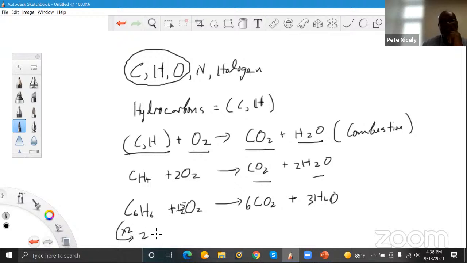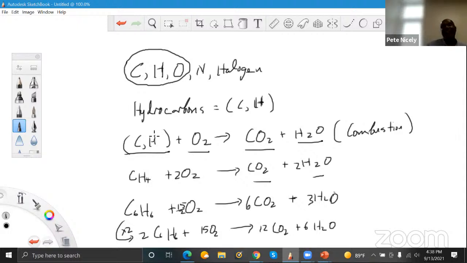So we're going to end up with 2 C6H6 plus 15 O2 to give 12 CO2 plus 6 H2O. And that would be the balanced equation. So that's basically how you can write down the balanced equation for the combustion of hydrocarbons.